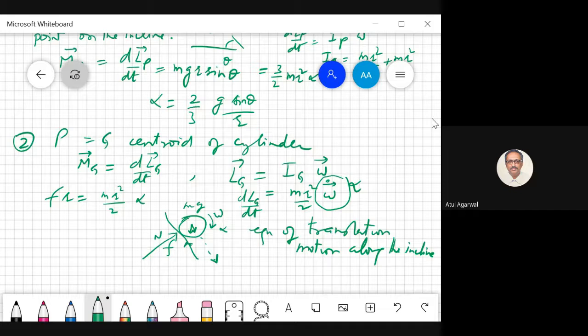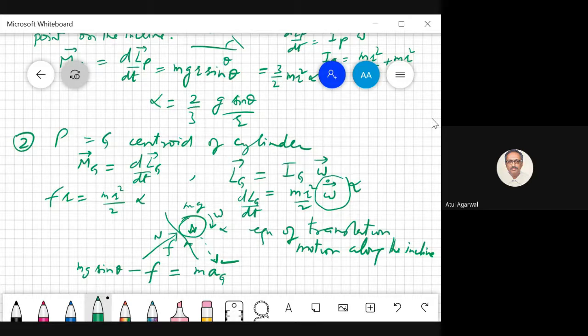What are the forces? You know this mg component along this direction is mg sin theta. Normal force does not have any component along this direction, but there is a frictional force. Suppose it is opposing the motion, minus f. That will be equal to mass into acceleration, whatever is the acceleration of the centroid.